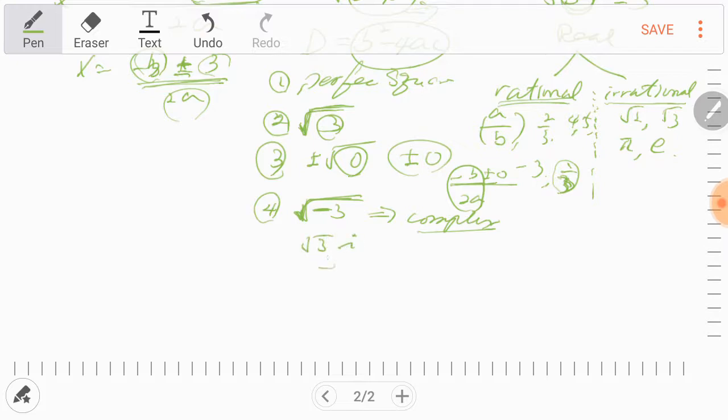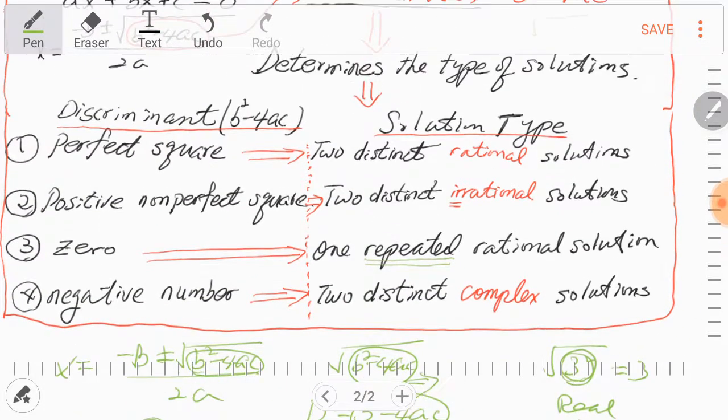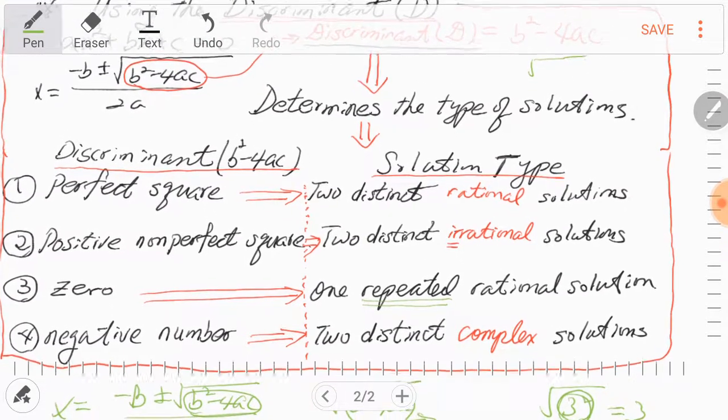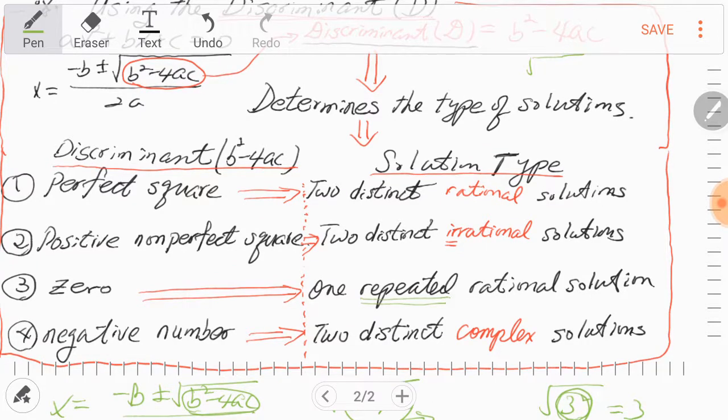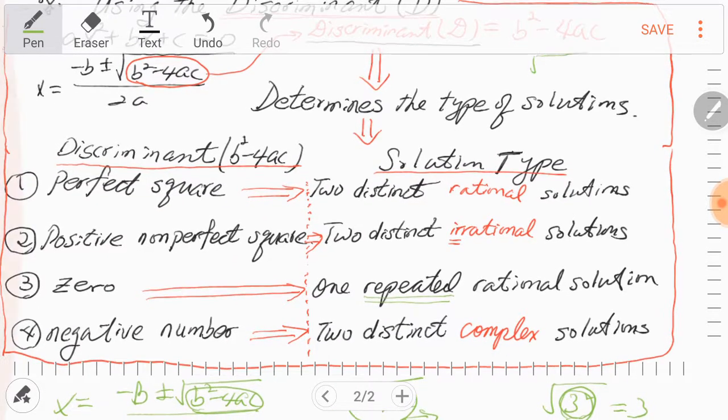So finally there will be plus or minus, 2 distinct, different complex solutions. So using the discriminant, we can determine the solution types. There are 4 of them, all depending on the radicand, inside the square root.